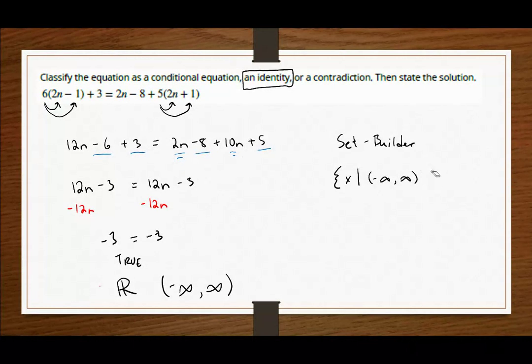So the set builder notation will look maybe something like this, where we declare the variable, our vertical line here says x where, and then we give whatever solution we have. Okay, so that would be maybe one additional thing you might come across, in particular in WebAssign. So that tells me then again that this is correctly identified as the identity equation. So let's try another one of these.